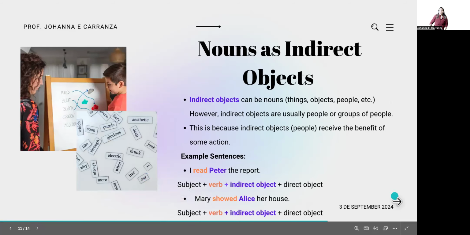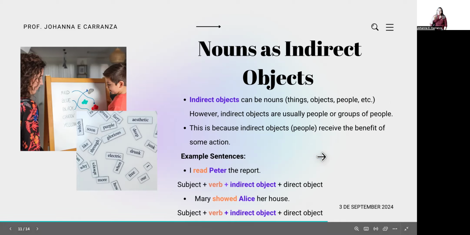Now, nouns as indirect objects. Indirect objects can be nouns, things, objects, people, etc. This is because most indirect objects might be people, and they receive the benefit of the action. So, more examples of that.